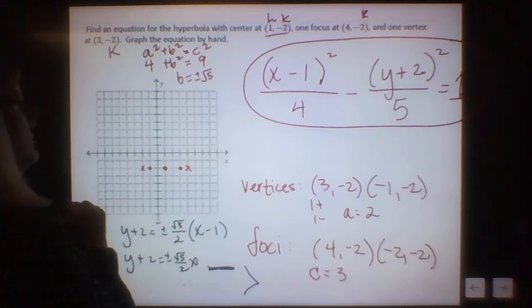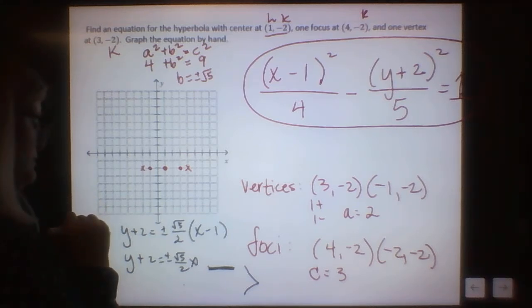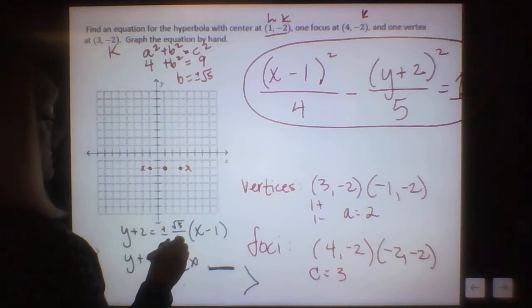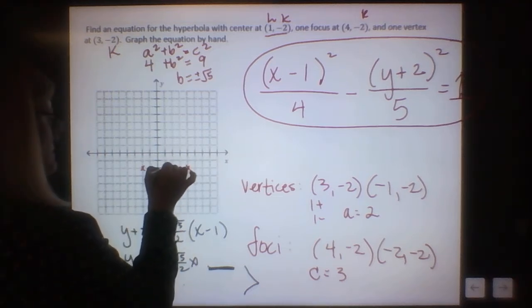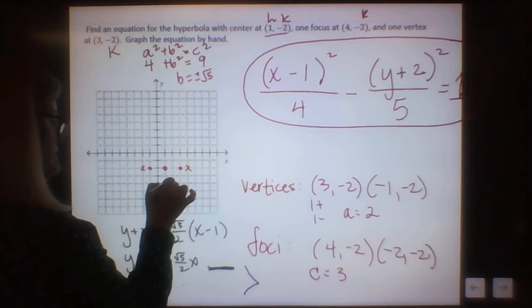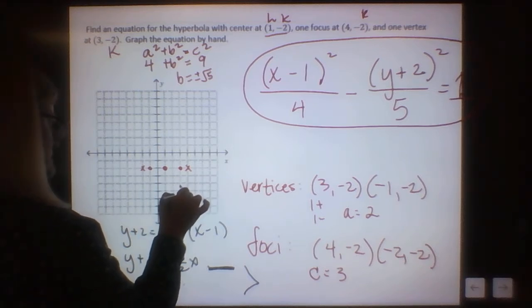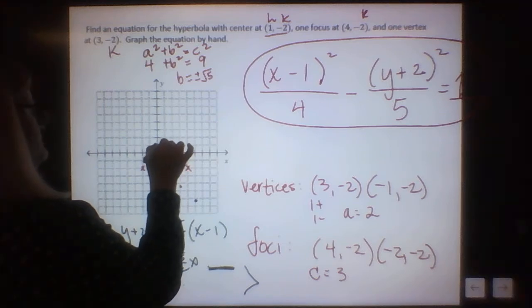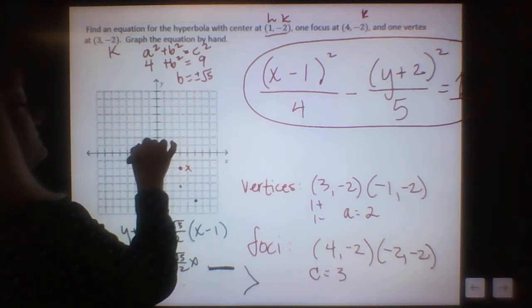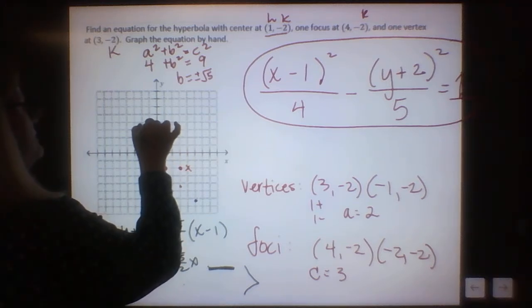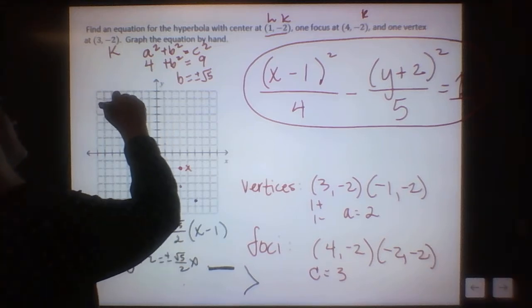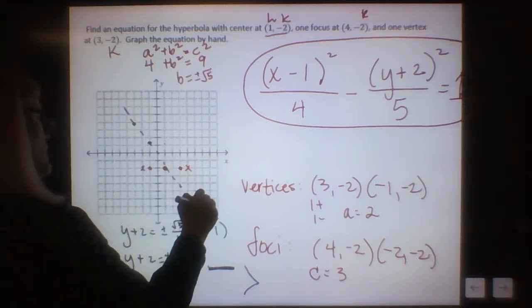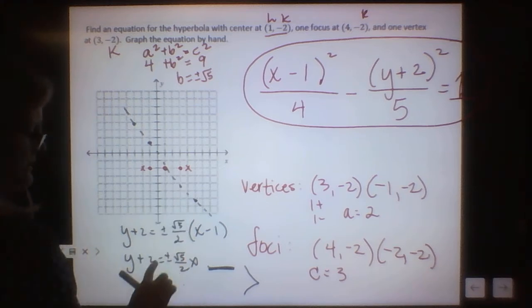So it is going to be, that's 2, so it's going to go down to something right to, up to something right to. So if you're going from this center, you only need the slope.